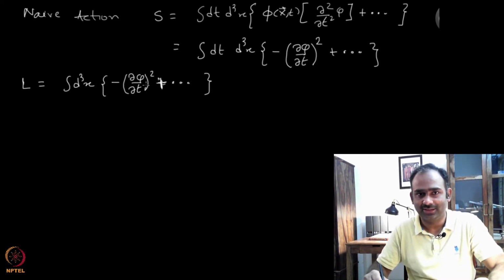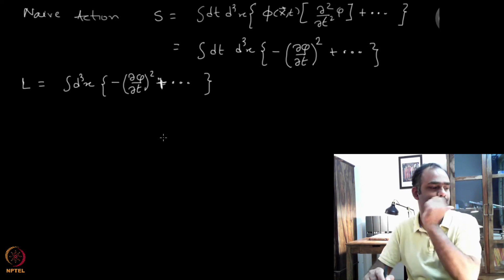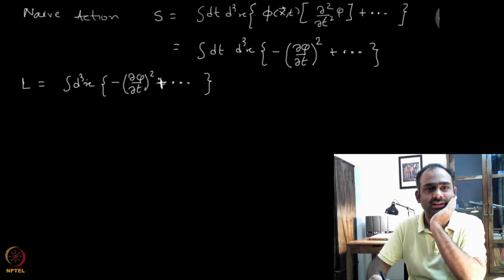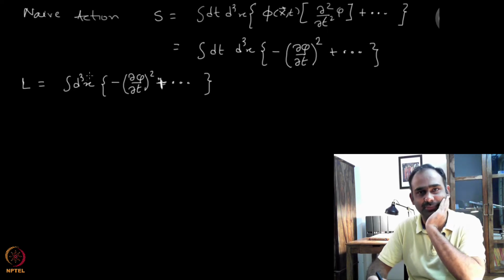It's clear from what I have said, but let me nevertheless show it in slightly more detail. For that, I will go from this continuum of space to discrete space.